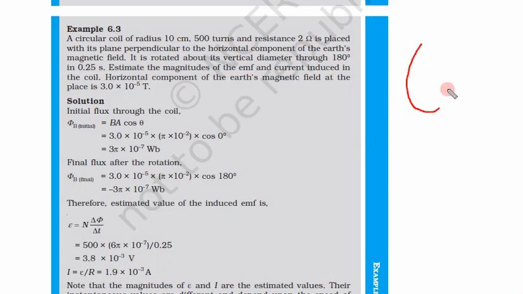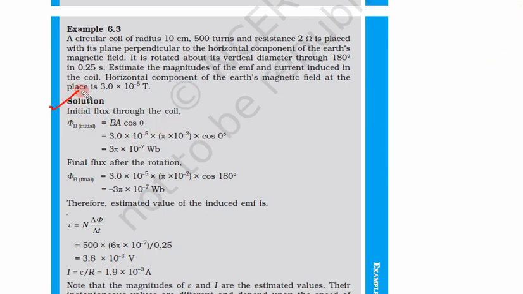The coil is perpendicular but normal to the coil and Earth's horizontal magnetic field have 0 angle. When rotated 180 degree, the angle become 180 degree. So these are the things we have to remember when solving these kind of problems.